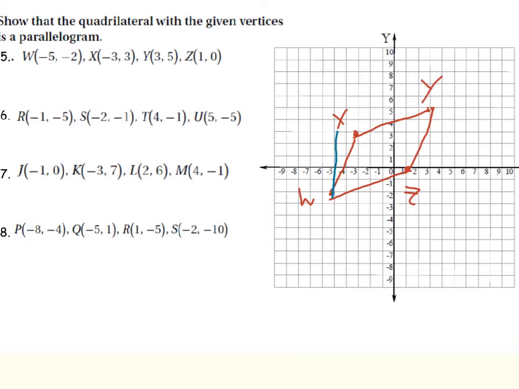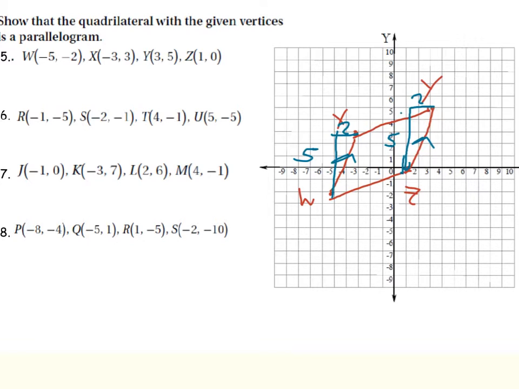So if I find the slope, I am going up 1, 2, 3, 4, 5 units and to the right 2. Well, in order for these to be parallel, from point Z to Y, it has to go up 5 and to the right 2. So 1, 2, 3, 4, 5. It does go up 5. It does go to the right 2. So I know that these two sides are parallel.